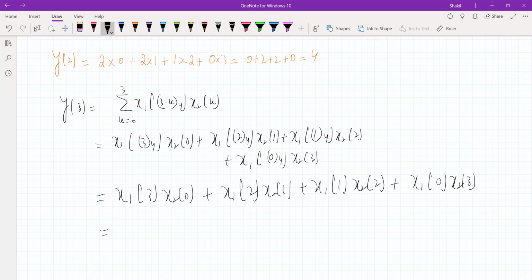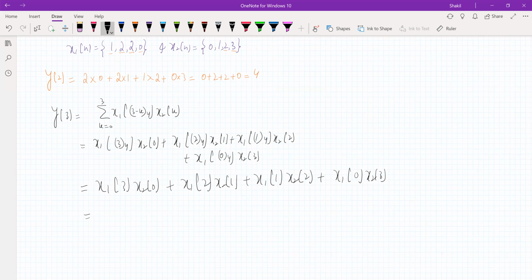So substituting the values, copy the values from there. x1 of 3 is 0, x2 of 0, x1 of 2 is 2, x2 of 1 is 1, x1 of 1 is 2, x2 of 2 is 2, x1 of 0 is 1, and x2 of 3 is 3.